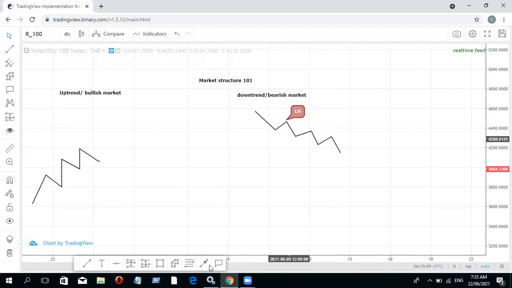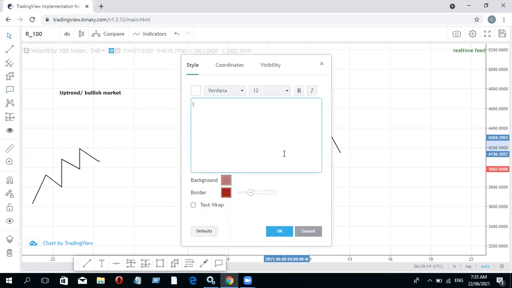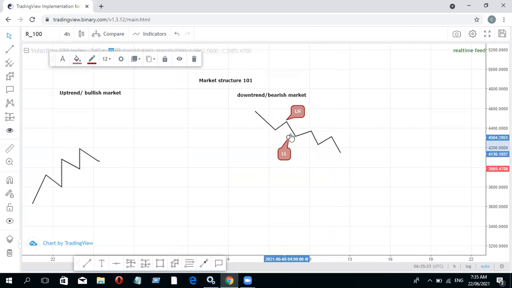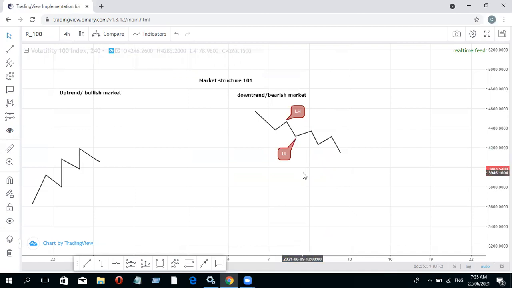And then this spot right here, before the market goes back up, is called a lower low. That is it for a bearish market. You see the market making a series of lower highs and lower lows. So this is what you should look out for in a market. You want to know, is the market bullish or is it bearish?